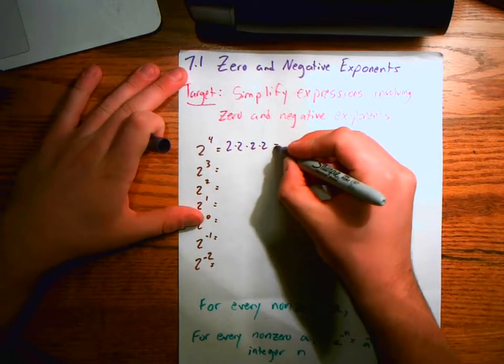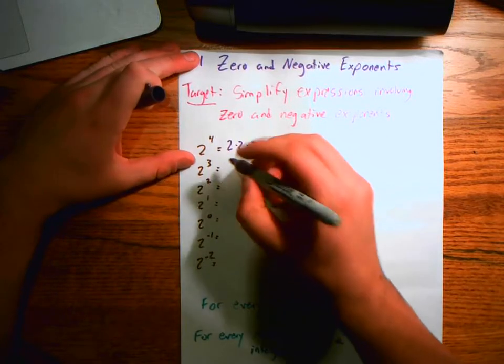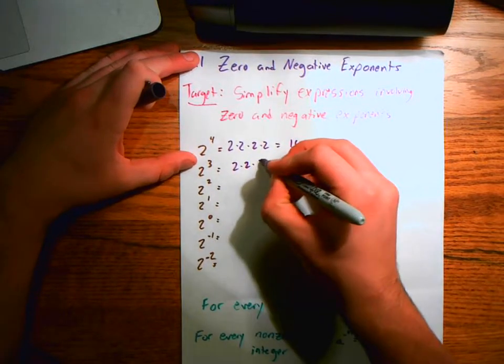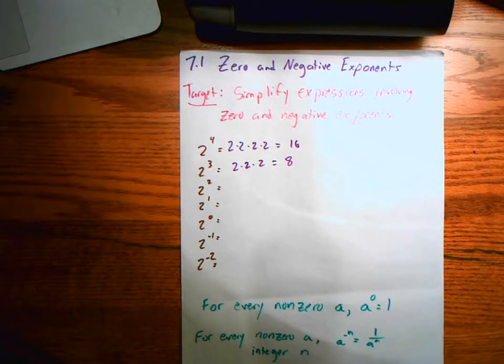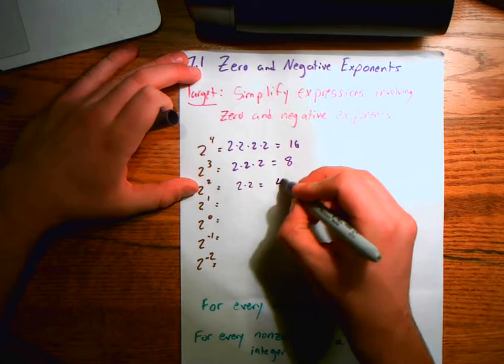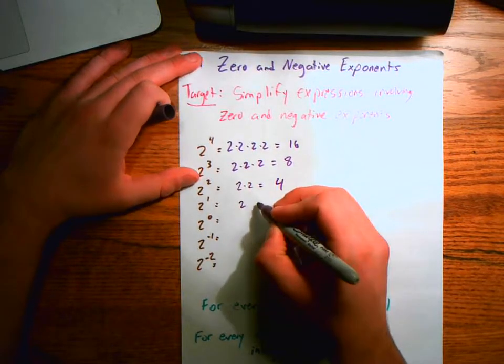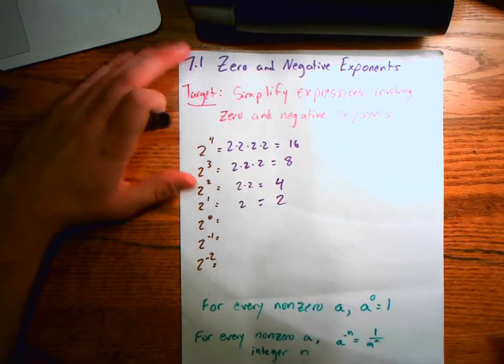If you simplify all these together, that's going to give you the number 16. Then going down to 2 to the 3rd is still the same thing, 2 times itself 3 times, which is 8. 2 squared is 2 times 2, which is 4. And 2 to the 1st power is just 2, which of course is equal to 2.